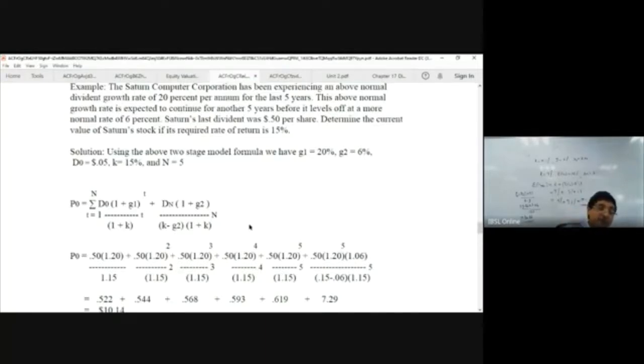And from that point onwards, the growth rate has come down. So we can use the one stage model to calculate the price at that point. And that is the realizable value. So you get that value and then it has to be present valued. Then both have to be totaled up. And that will give the price of the stock.